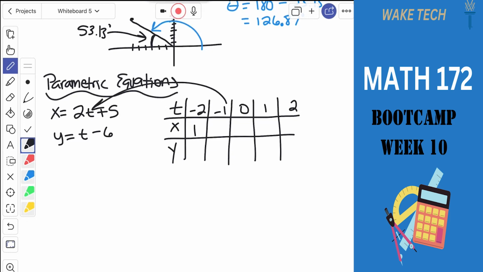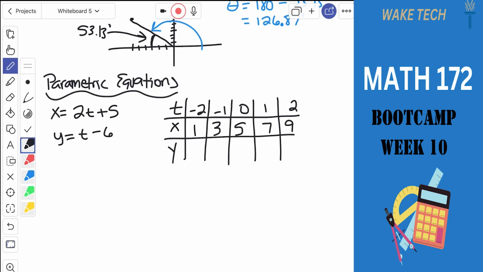Plugging in -1 gives us -2 plus 5, which is 3. 0 plus 5 is 5. 2 plus 5 is 7, and 4 plus 5 is 9.